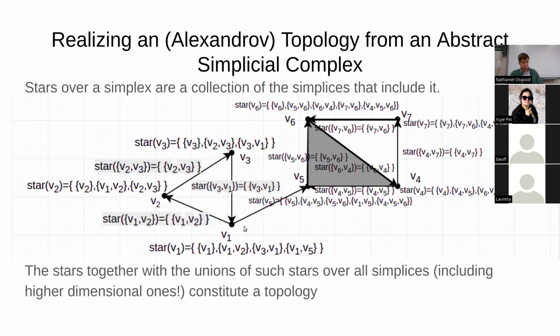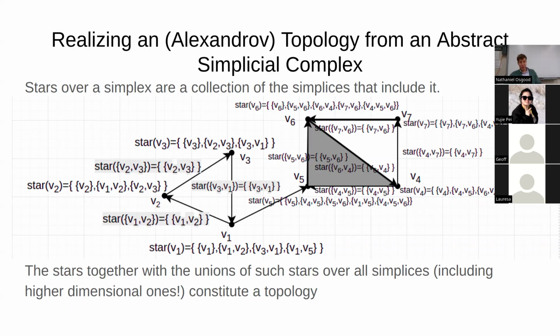But this holds true for higher dimensional simplices too, or simplices of dimension more than 0. So take this one simplex, V1, V3. The only simplex that makes it up is V1, V3. Can you point out to me any edges whose star includes something of higher dimension yet? There are some edges here whose star includes some higher dimensional simplices.